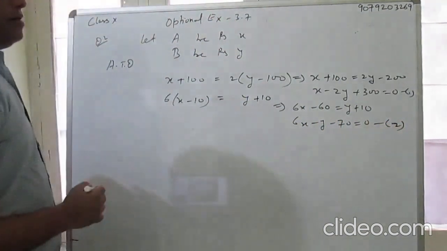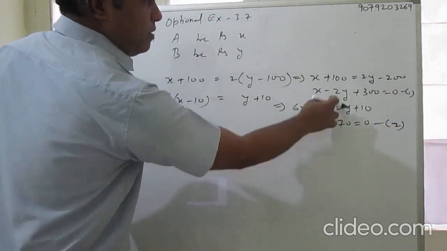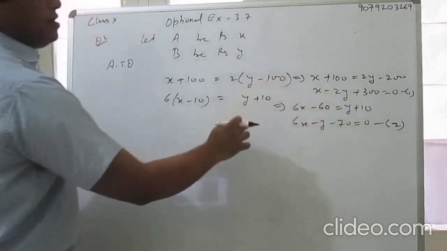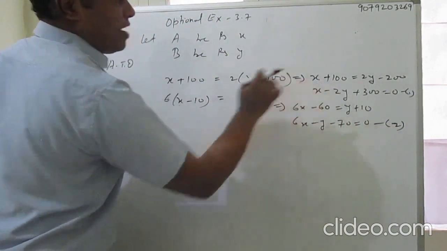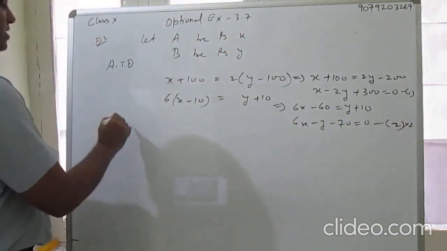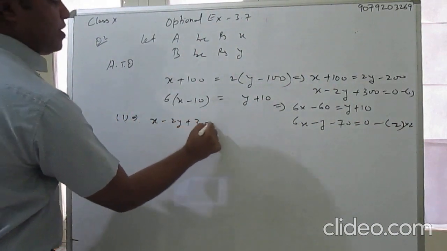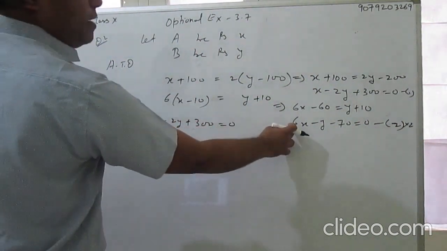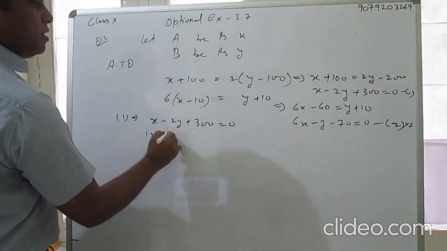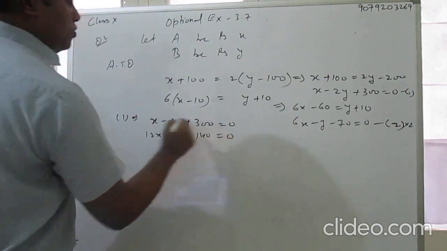Now see that if you multiply equation 2 by 2, then the coefficient of the variable y is the same. So multiply equation 2 and write equation 1 as it is: x minus 2y plus 300 is equal to 0. If you multiply by 2, it is 12x minus 2y minus 140 is equal to 0.